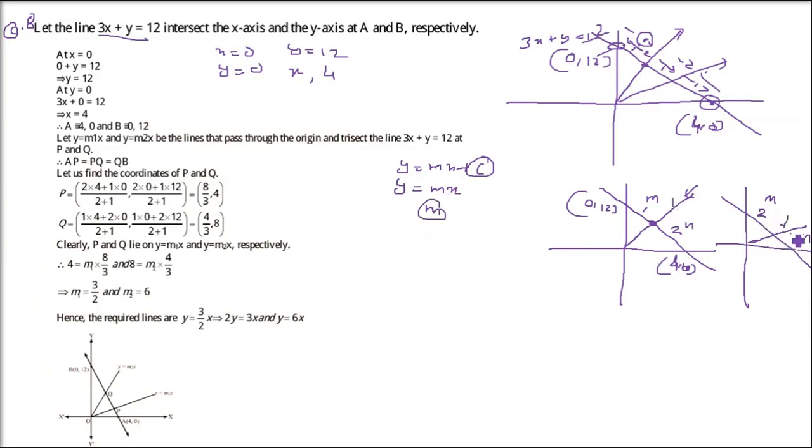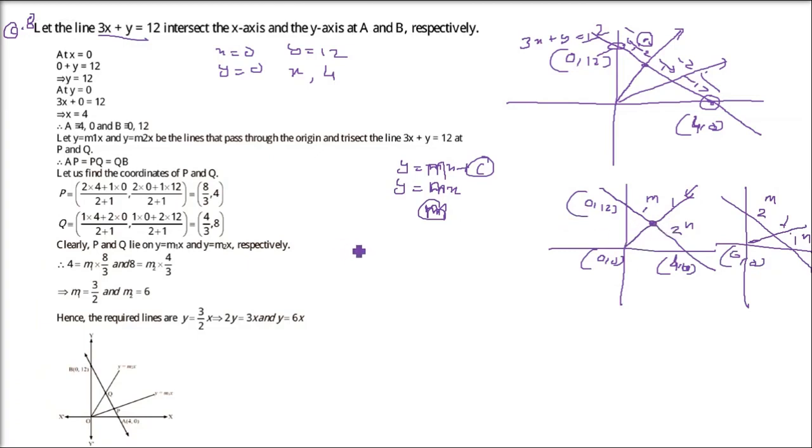Other things are known. Here also we have to find out two m's. Let me say it is a capital M, because we shouldn't confuse it with small m and n. So we have to find out the slope. Because 0, 0 is known, we can always find out the slope.